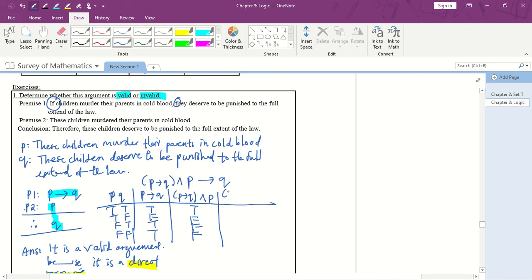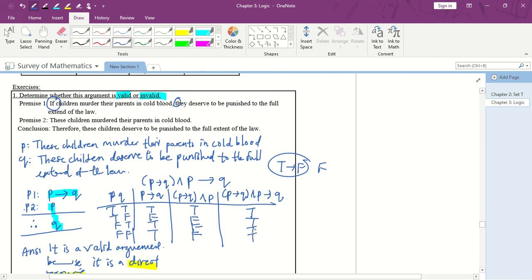And the last one, P to Q and P to Q. So true, true makes it true. False, false makes it true. Remember, for a conditional, only true to false can make it false, or else the others will be true. So false, true becomes true, and false, false becomes true.